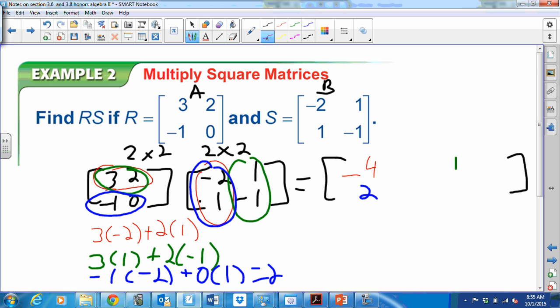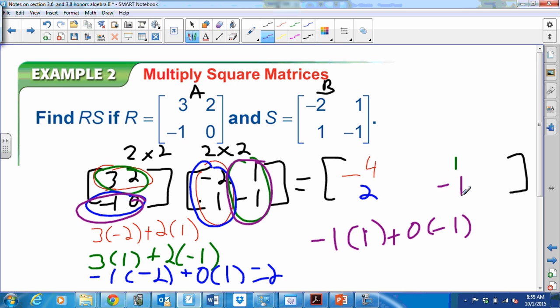And then for the last slot, you're going to do the second row by the second column. So this is going to be -1 times 1 plus 0 times -1. And so that's just going to be -1. So doing them by hand, that's how that would work. Now I'm going to show you how to put the matrix into your calculator.